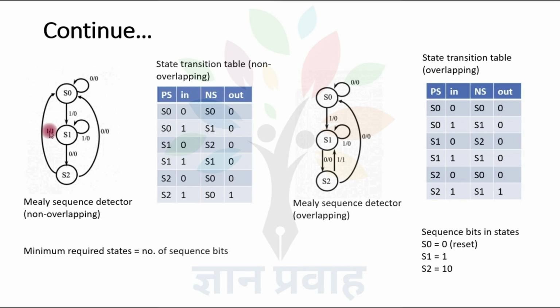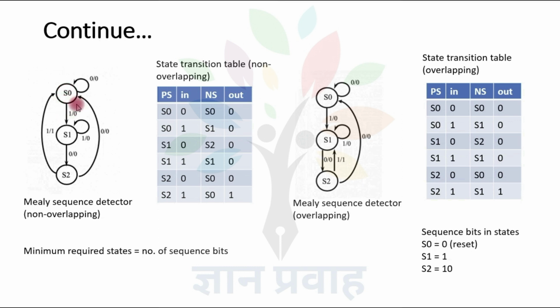That is the desired sequence detection. It means here the output will be 1 and we will move to the reset state, because one sequence is detected and the bits available in this sequence cannot be used for making the next sequence. It means we have to move to the initial state or S0 state.